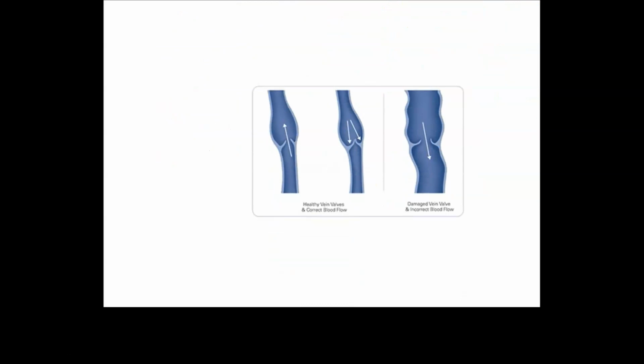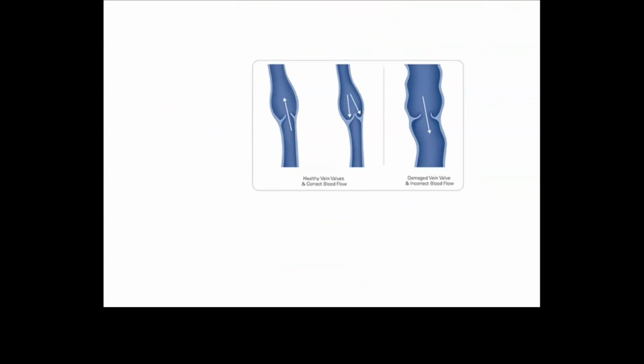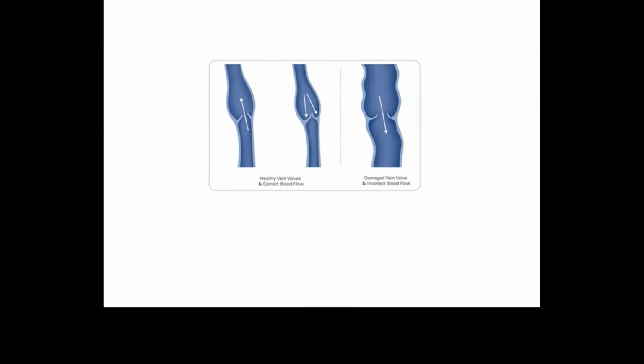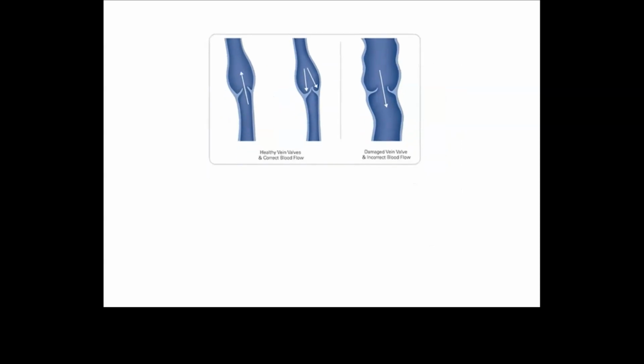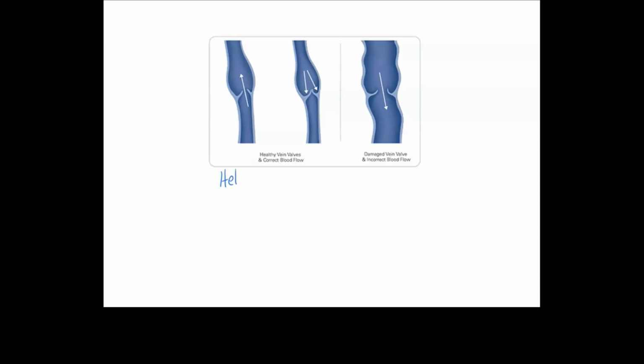Okay, now we can look at some problems that you can get in your veins. First, let's look at a nice healthy vein. So on the left here, you have a healthy vein.